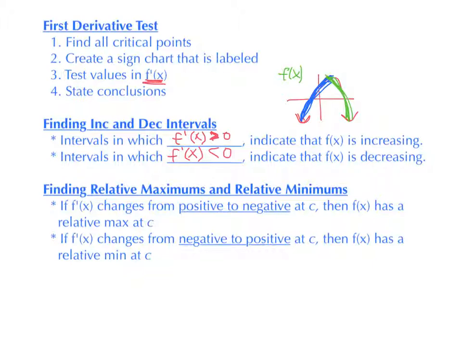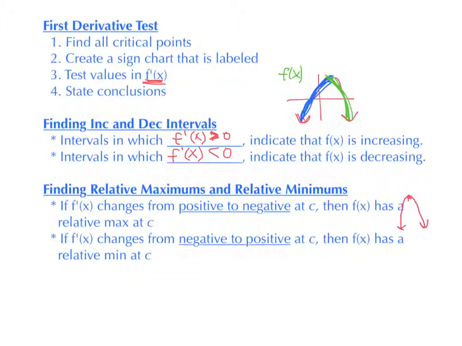So what this is saying is if my f prime changes from positive to negative, so if it changes from positive, which when we said it was positive, then it was an increasing function. Okay, so if it changes from positive to negative, then we have a relative maximum.